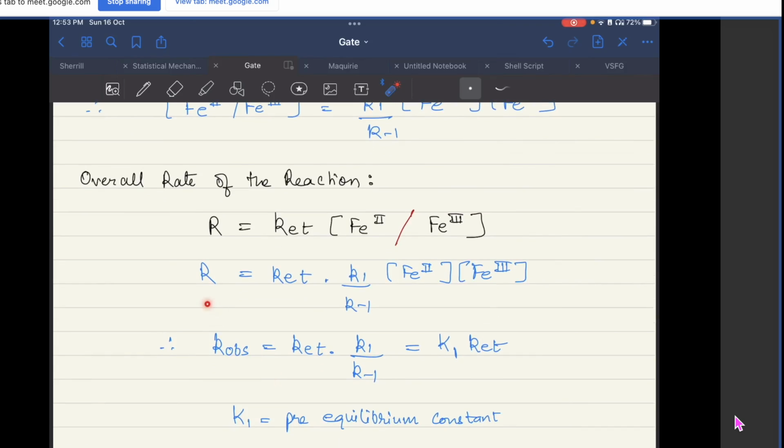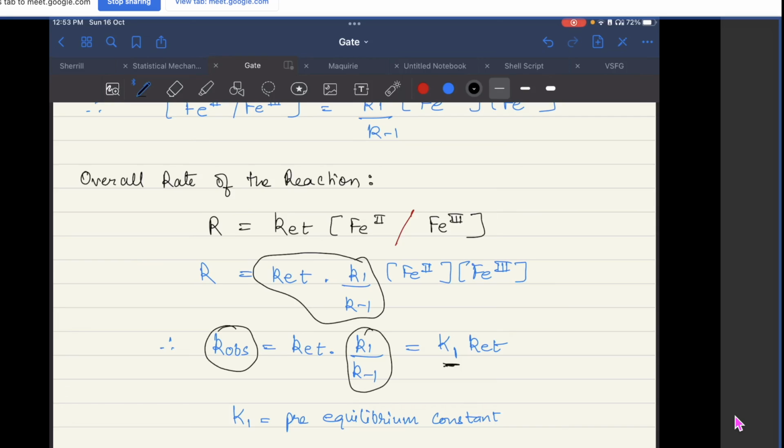Thus I will get R equal to kET and K1. I can write this particular expression as k observed, and also I can write this one as capital K1 and this as kET.